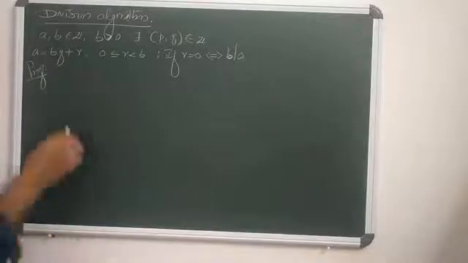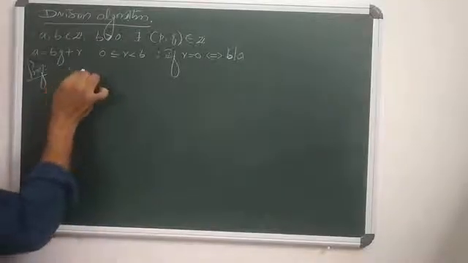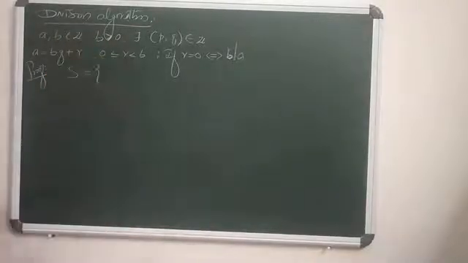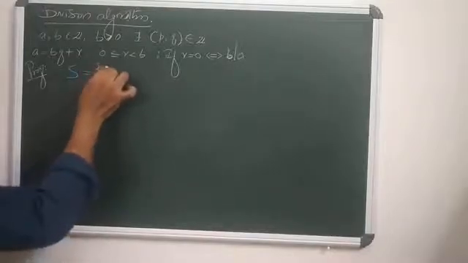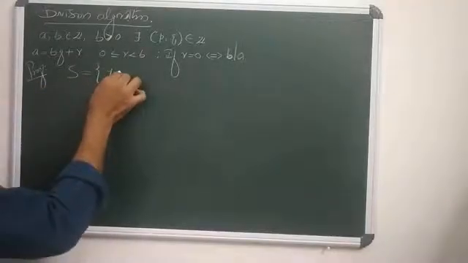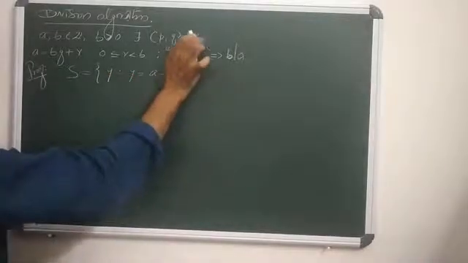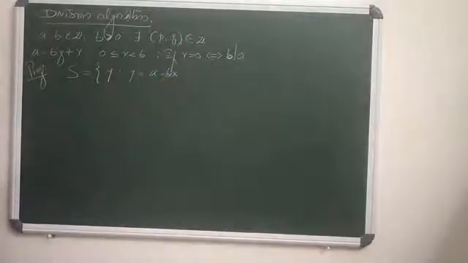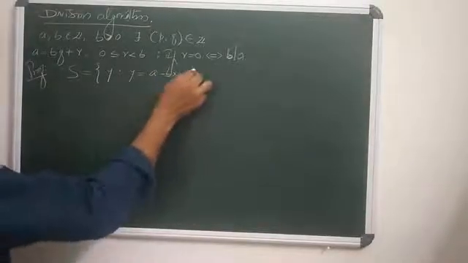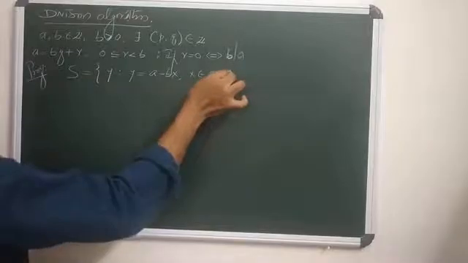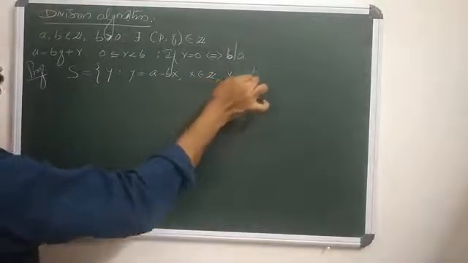For this, you can construct a set of non-negative integers S such that S equals the set of all y, where y equals a minus bx, where x is an integer and y is greater than or equal to 0.